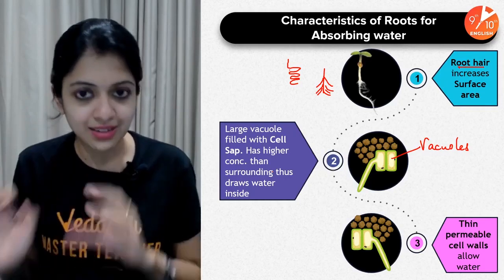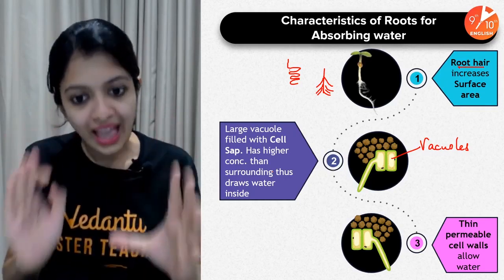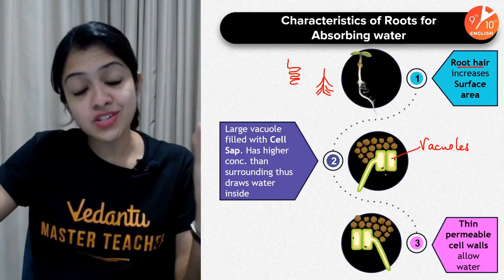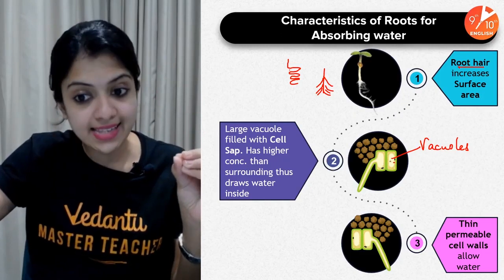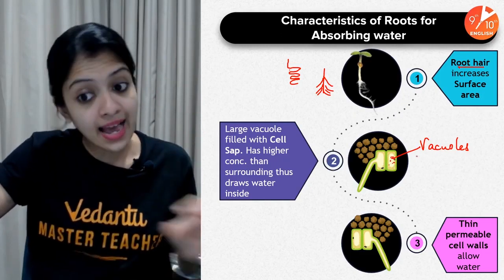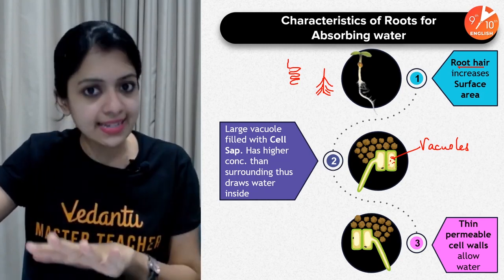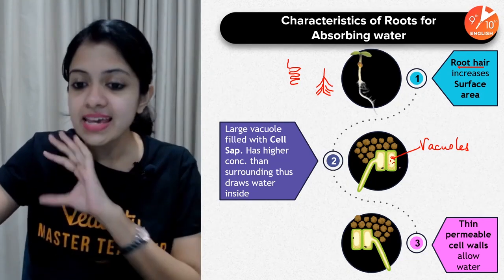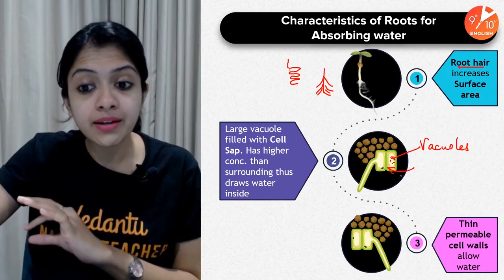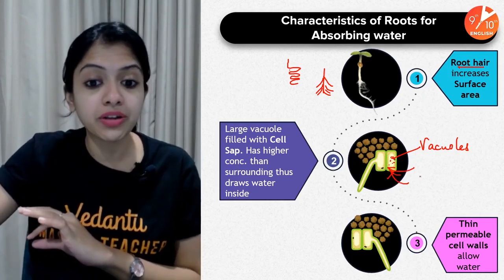But for now, for starters, just remember that when there is greater solute concentration inside a cell as compared to the outside, there is a tendency for the cell to draw in water naturally.